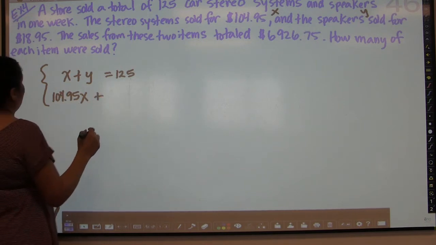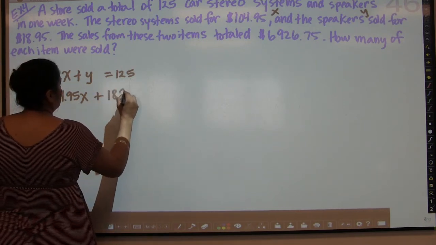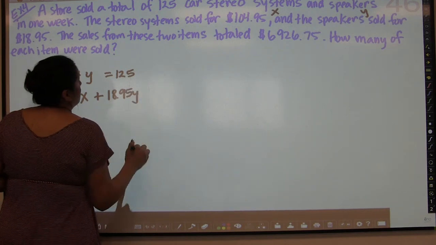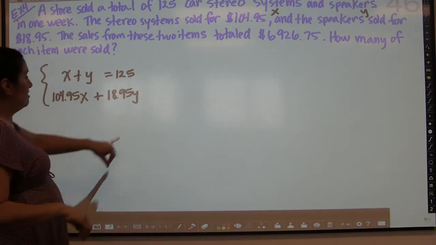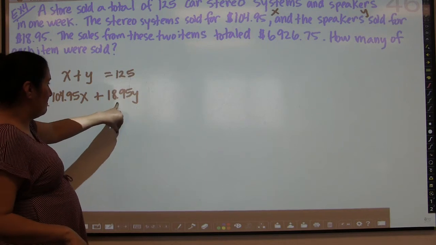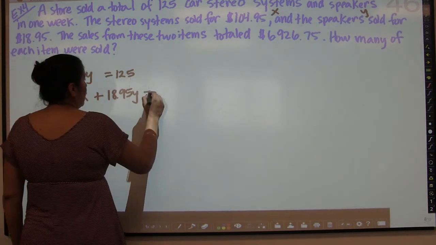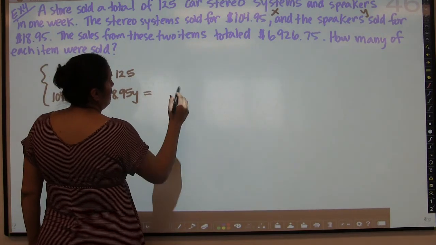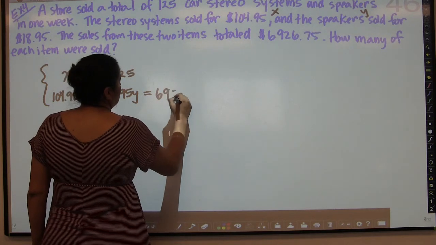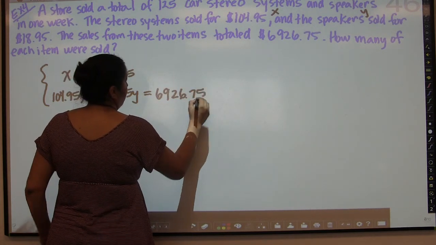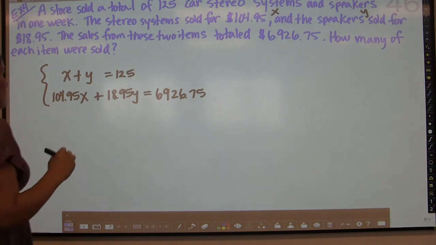And then they had 18.95 times Y, because Y is the number of speakers, and every set of speakers was sold at 18.95. So again, multiplication. And then combine those two profits, they made 6,926.75.